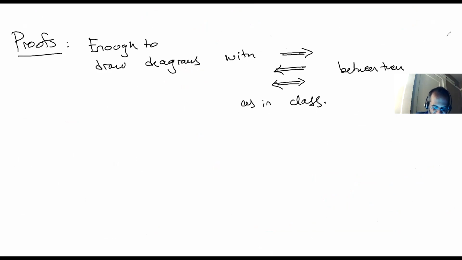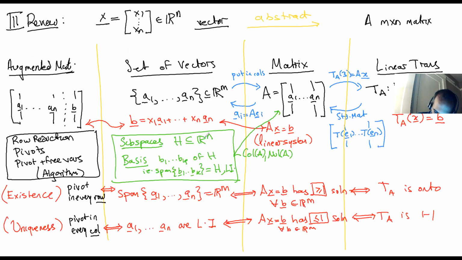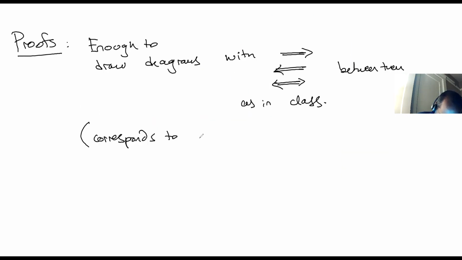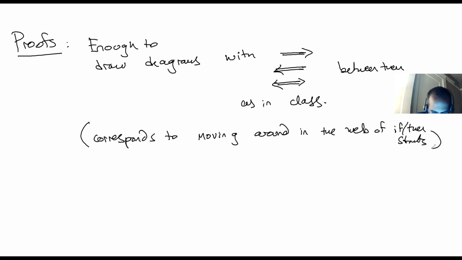I'm just expecting these arrows are basically if-then statements, right? So this really just corresponds to moving around in this web of connections, right? So these correspond to moving around in the web of if-then statements.